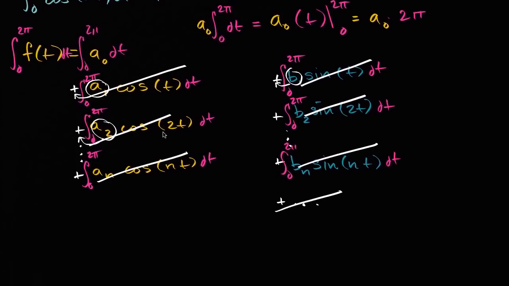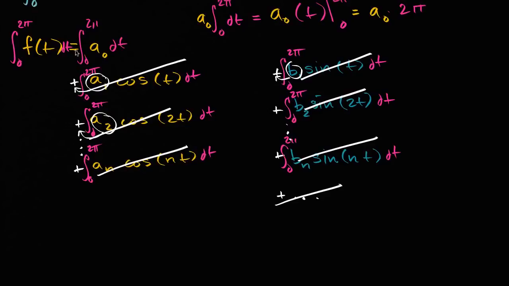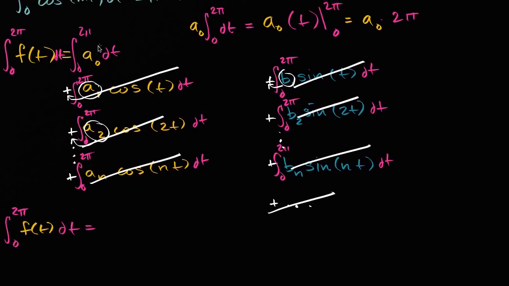So let me scroll down a little bit. So I can rewrite this thing up here, the integral from 0 to 2 pi of f of t dt, which is equal to this integral. Well, we've just figured out that the integral from 0 to 2 pi of a sub 0 dt is the same thing as a sub 0 times 2 pi. And so now it's actually pretty straightforward to solve for a sub 0.